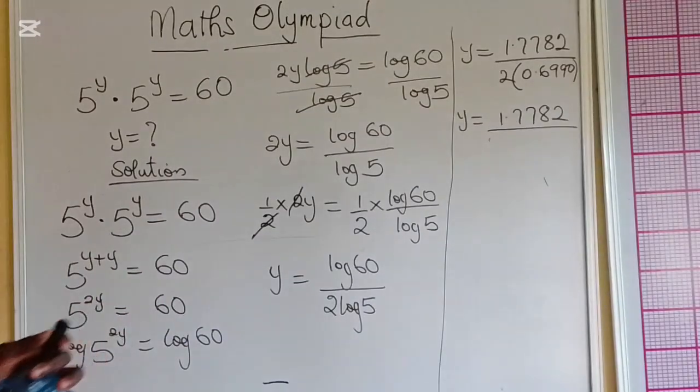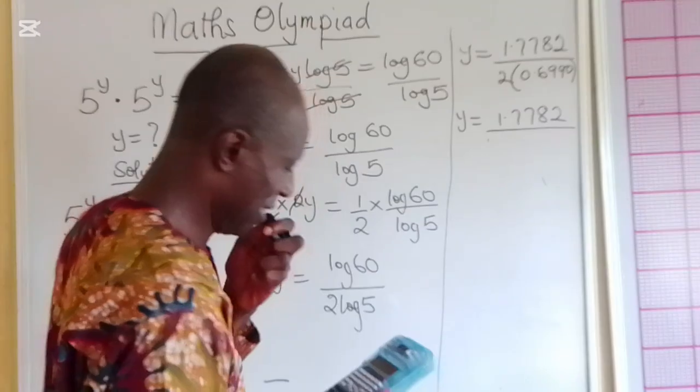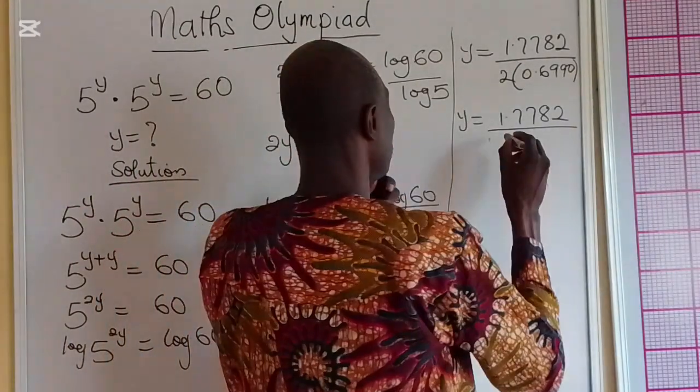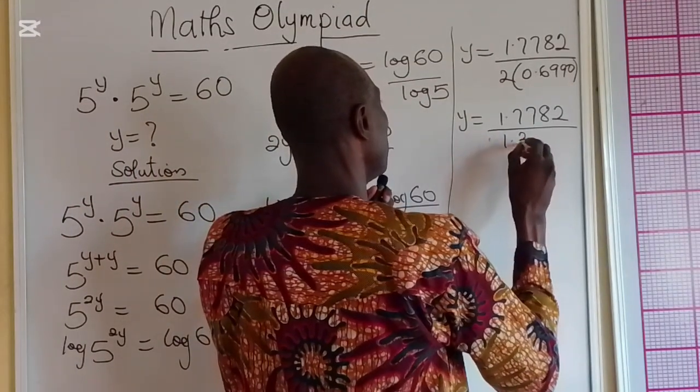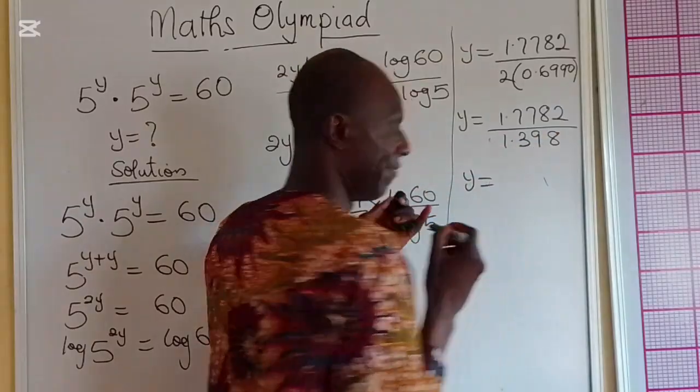Okay, let's use 2 to multiply 0.6990. It gives us 1.398.